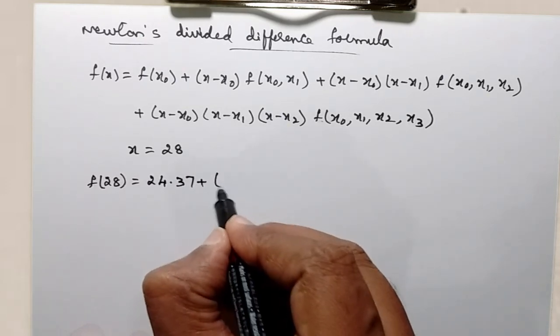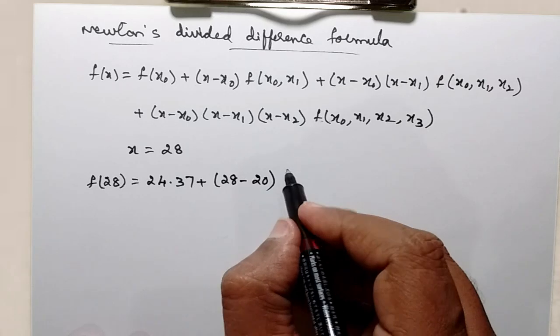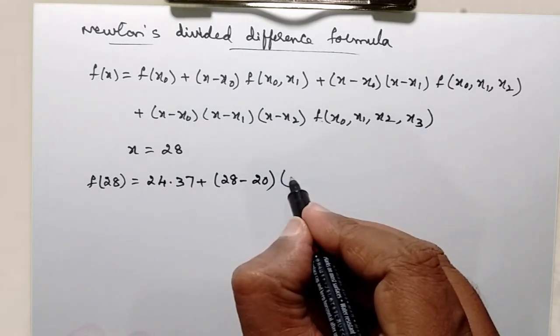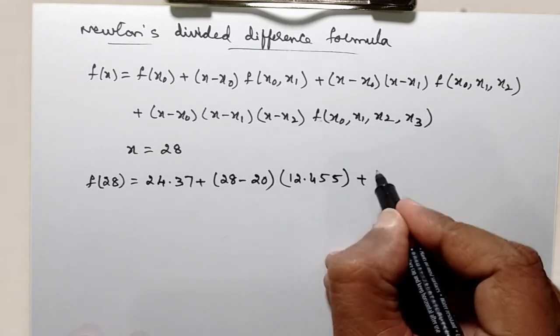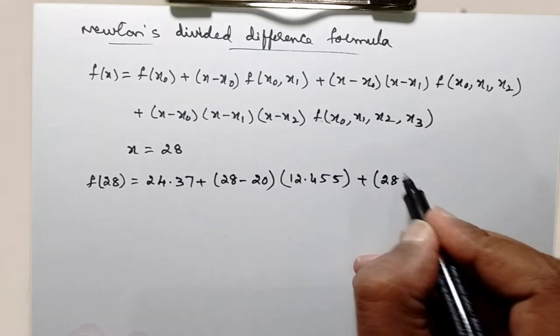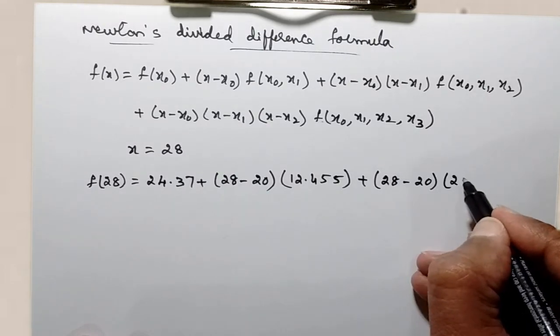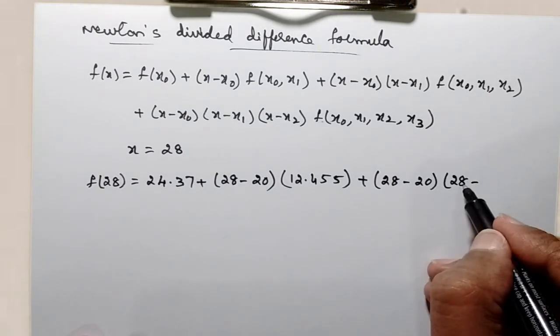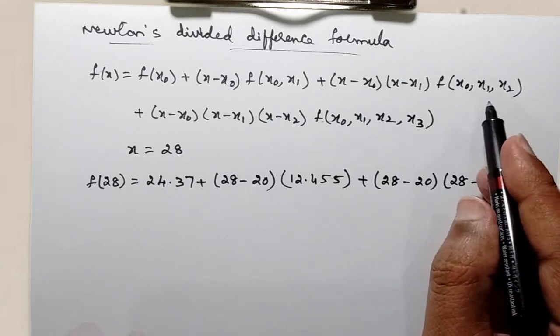24.37 plus x value is 28 minus x0 value is 20 into f of x0 x1, which is 12.455, plus it is 28, x minus x0 value is 20, x minus x1 value is 22, into f of x0 x1 x2.